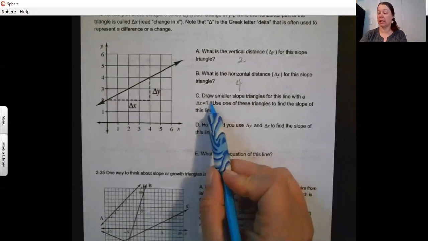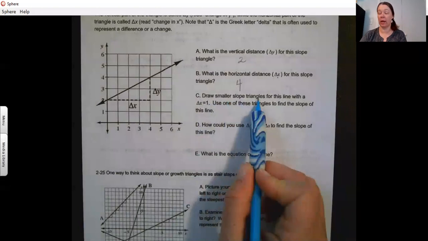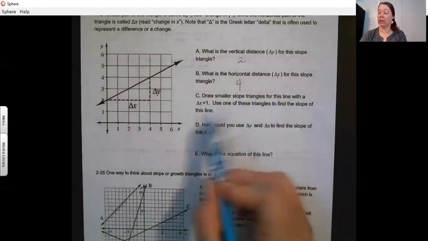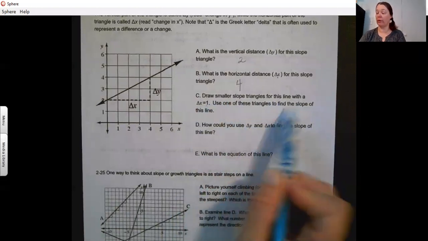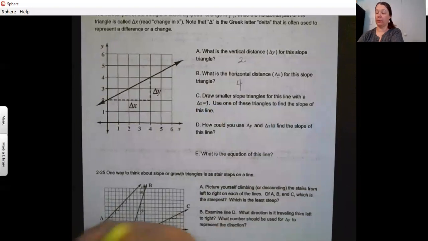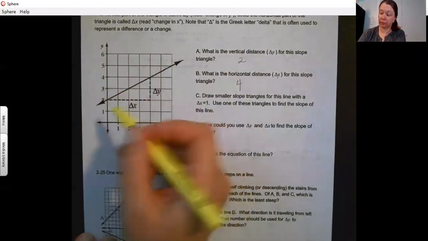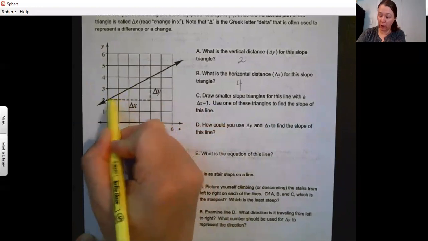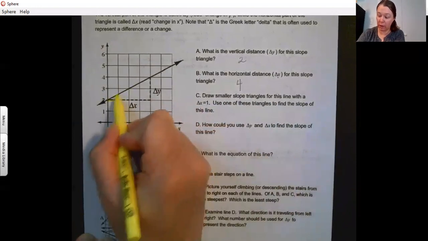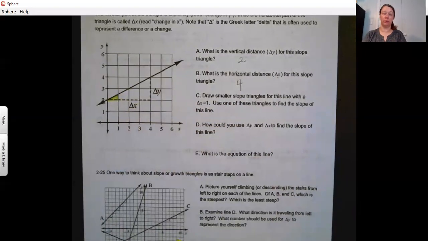So now part C is asking, draw smaller slope triangles for this line with a delta X, or a change in X, of 1. Use one of these triangles to find the slope of this line. I could draw this slope triangle here. Here's one figure number, and I could draw this little triangle here.